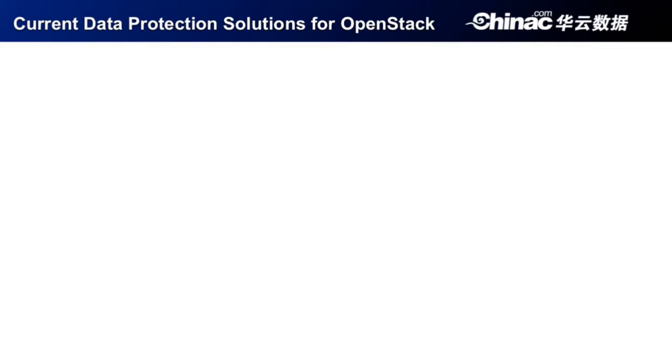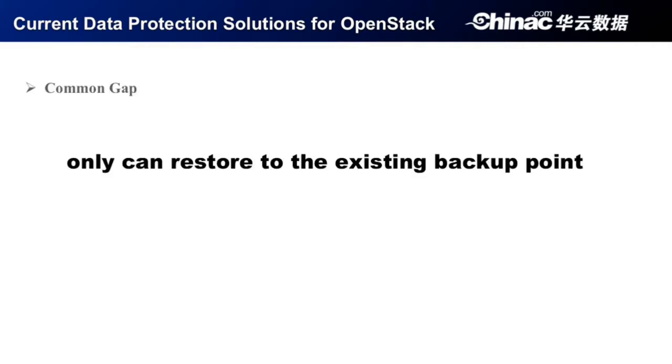Okay, after talking about the current data protection solutions for OpenStack, I have a question. How do we restore a volume or a virtual machine after a disaster occurs? Based on these data protection solutions, apparently the best way is to restore it to the latest backup point, because they can only restore to an existing backup point.